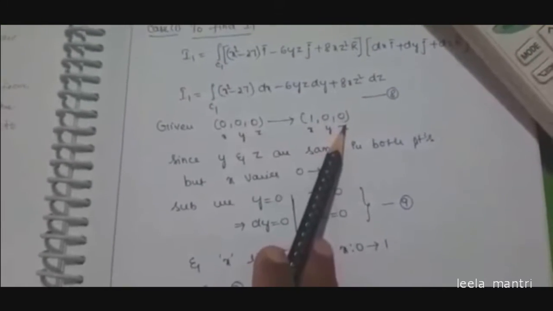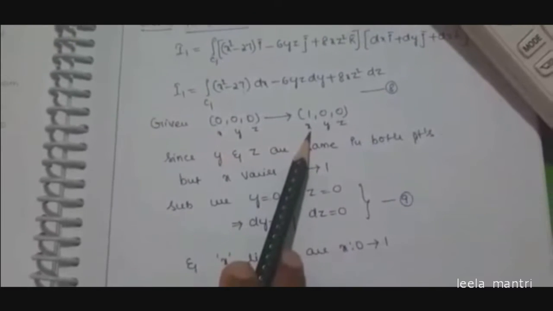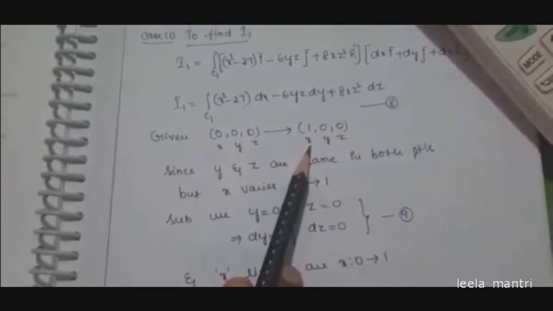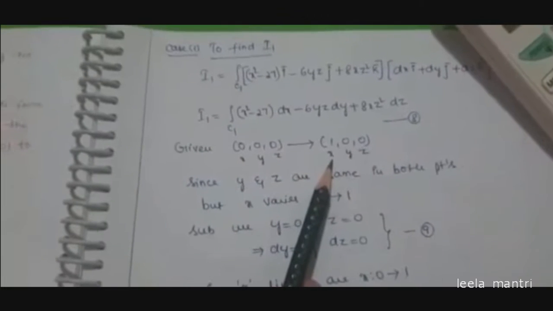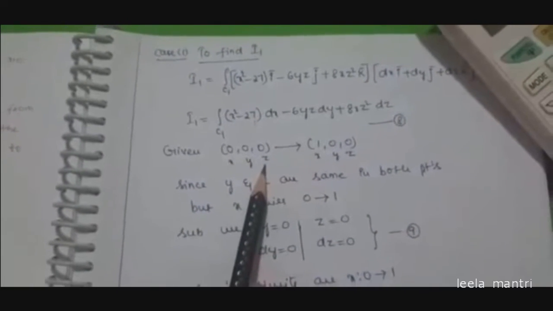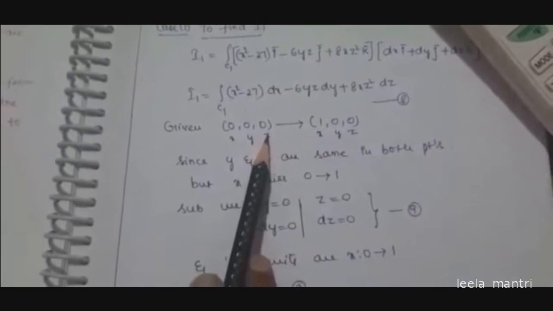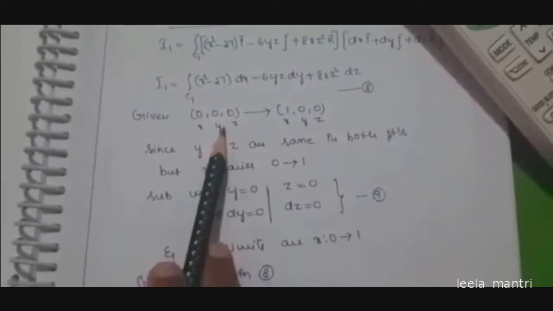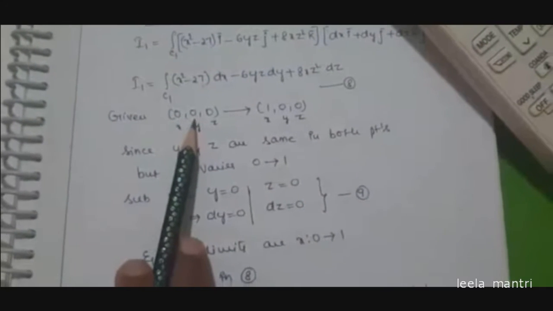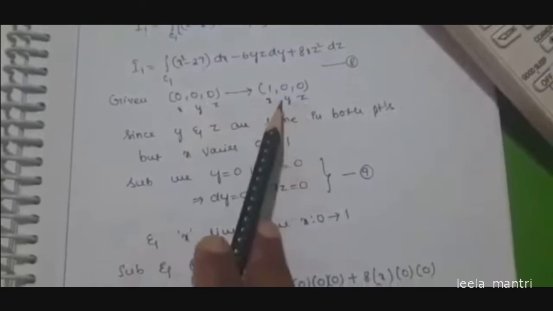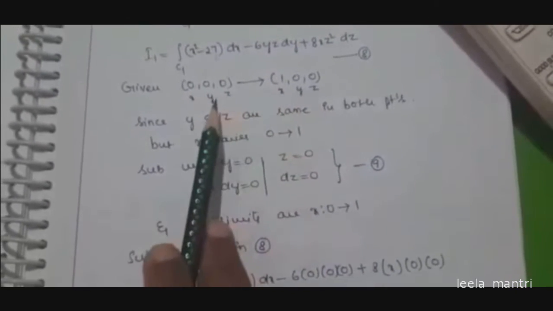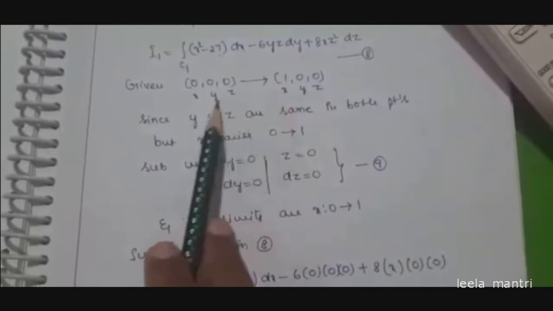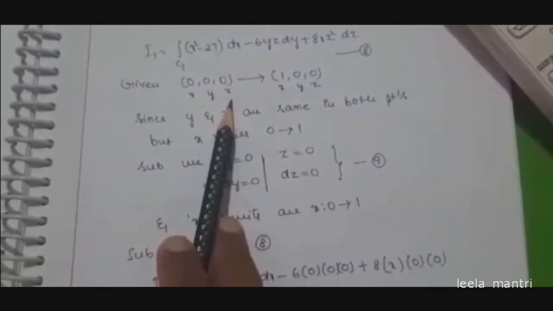In method 3, we discussed that when 2 points are given, we convert into the line equation form and then into the parametric equation. But here we are not applying the distance equation. Directly we are converting into any one of the variables. How are we converting? Let us see. From both the points we observe that the y and z values are the same.